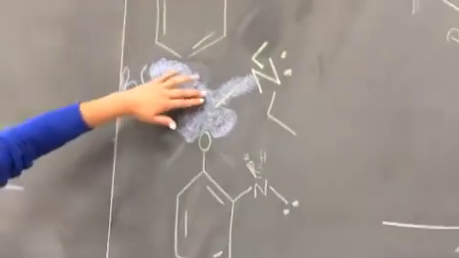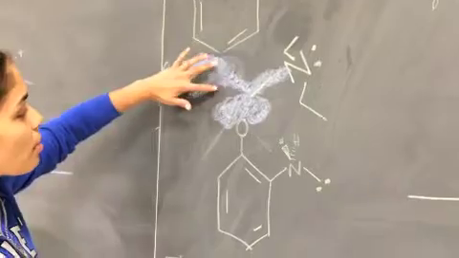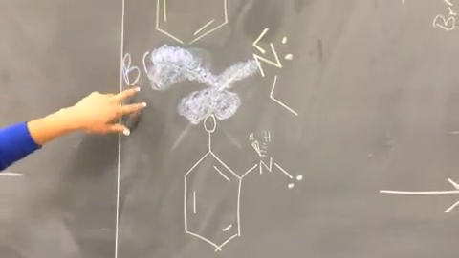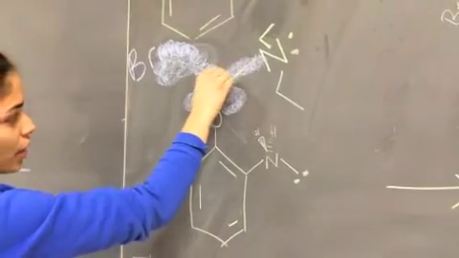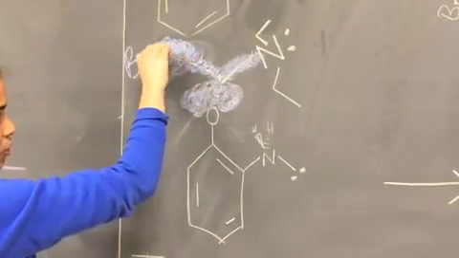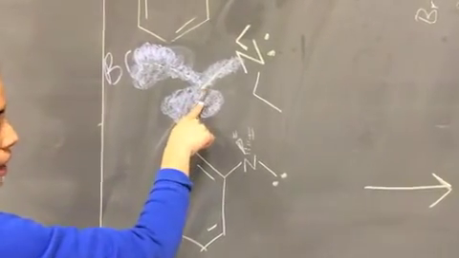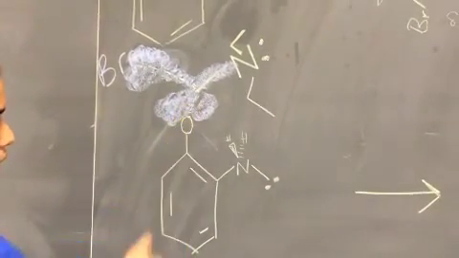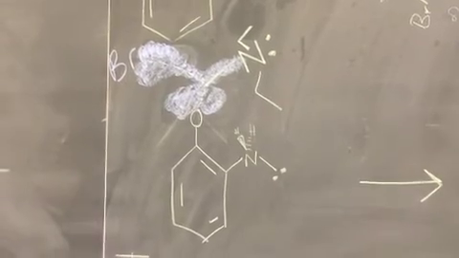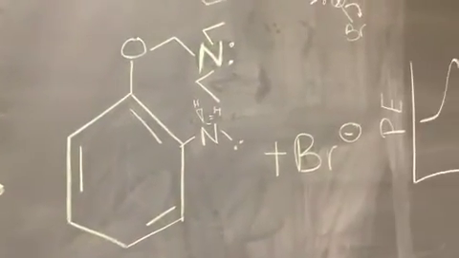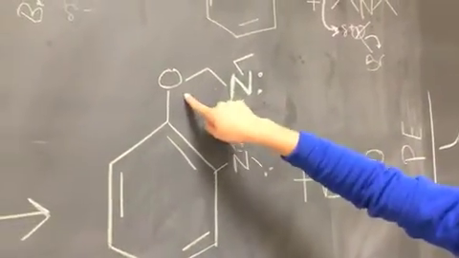Here we show our transition state, where you can see the electron cloud from the bromine move closer towards the bromine, getting rid of this bond between the bromine and the carbon, and creating a bond between the carbon and the oxygen.